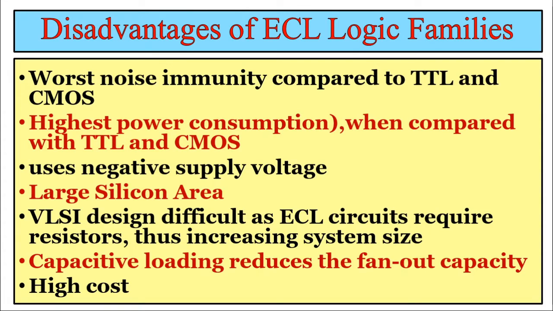VLSI design is difficult as ECL circuits require resistors, which increases the system size. It has capacitive loading, which reduces the fan out capacity of the ECL logic family, and its cost is also very high as compared to other families.